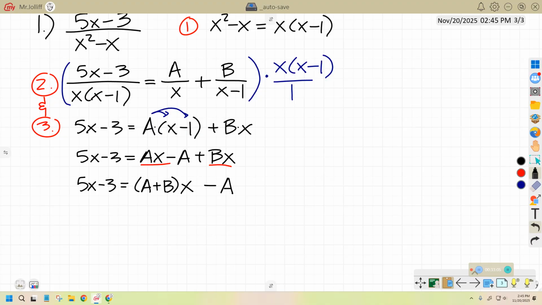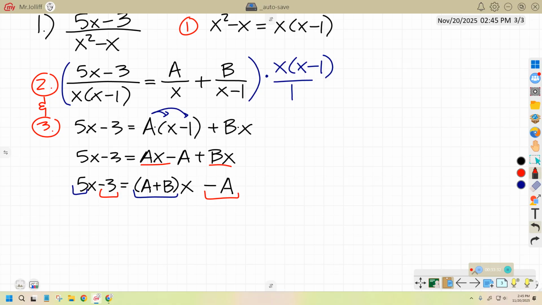And here's where our new math with matrices and Cramer's rule comes in. That equation technically represents 2 equations. I have the coefficient in front of the linear term. I have the constant term.